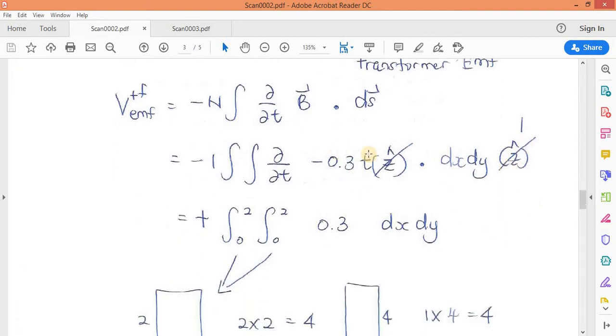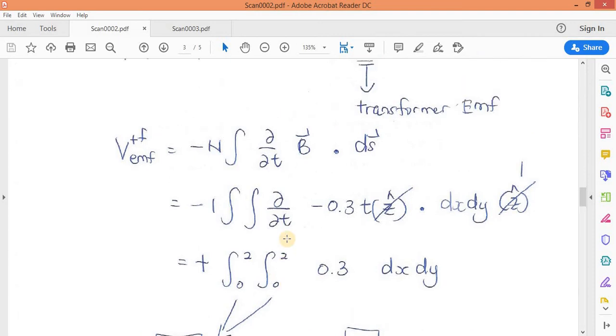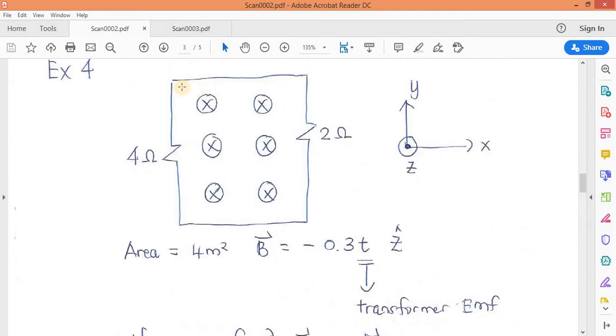Next we will perform the partial differentiation with respect to t. We will get 0.3 here, and this negative I combine with this one, we get positive. Now we need to define the interval for x and y for this loop.